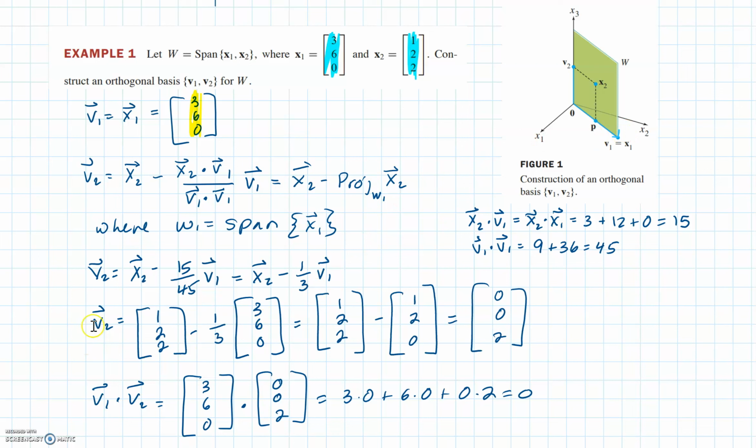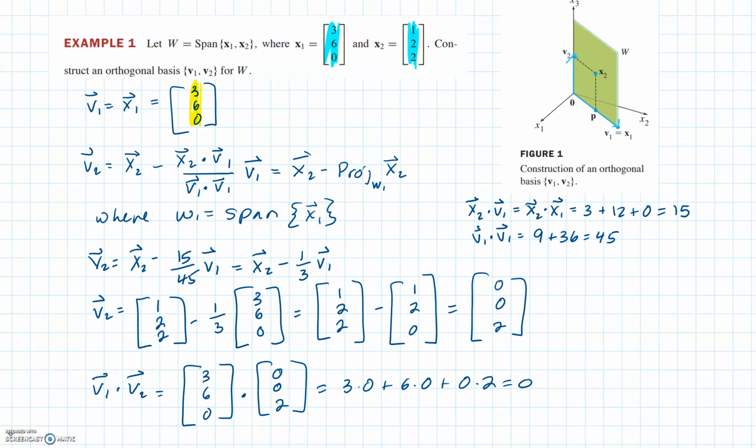If we actually graph V2, which is (0, 0, 2), V2 is sitting here, and we look at the projection of x2 along W1, where W1 was the span of x1, I forgot to add here, times V1.